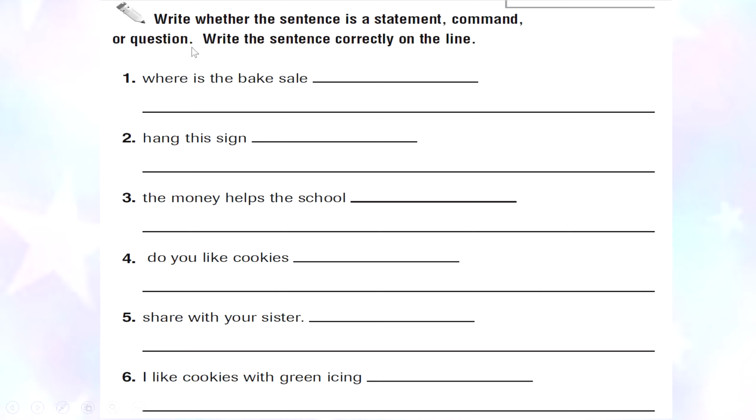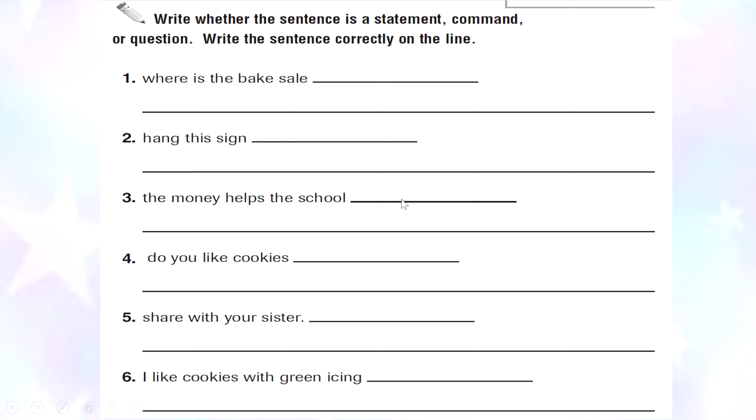Let's start. Number 1. Where is the bake sale? Write the type. Rewrite the sentence correctly. 2. Hang this sign. Get the type and rewrite correctly. 3. The money helps the school.